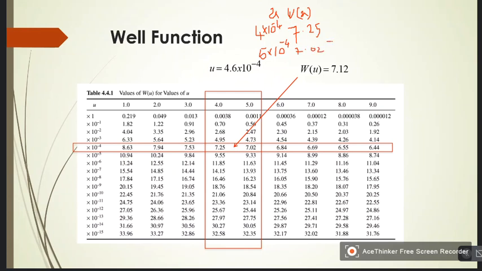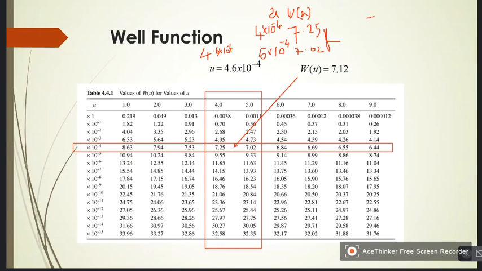So what is the value for 4.6 into 10 to the power of minus 4? That means you have to interpolate between these two values.